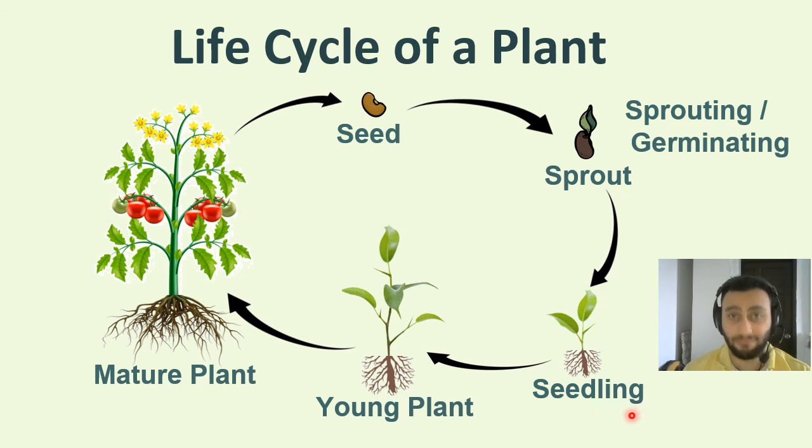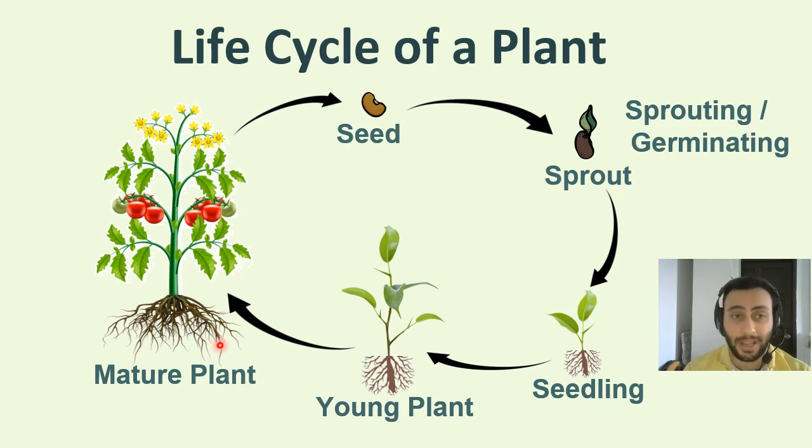Seedling. Now the seedling becomes bigger and stronger. Like this one, see, more leaves. We call this a young plant. But notice that young plant doesn't have flower or fruits. When it has flower or fruits, we call it a mature plant.